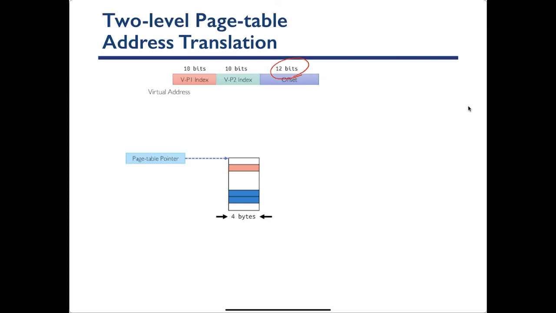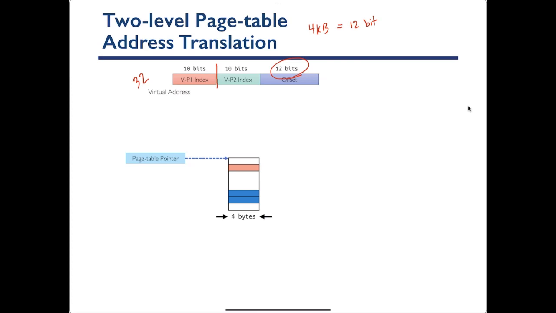Let's say this is a 32-bit system, and each page is 4 kilobytes. So I need 12 bits. Now the rest is 20 bits. So 20 bits are left for the virtual page number. I'm going to divide them into two portions: 10 bits for virtual page index 1 and 10 bits for virtual page index 2.